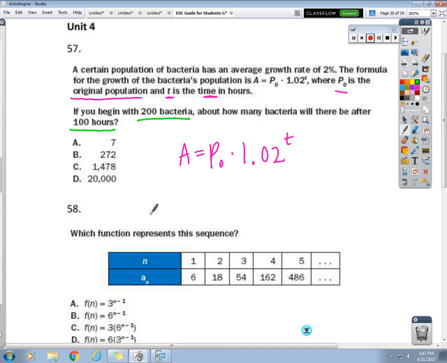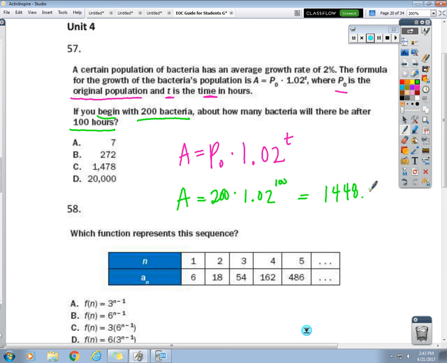What can we do? Right, 200 is what you begin with, and P sub 0 is original population, so it would replace the P sub 0. Times 1.02, now what do we do? Right, t is time in hours. Well, they tell us 100 hours. When you type that in, what do you get? It was like 1448 point something, right?